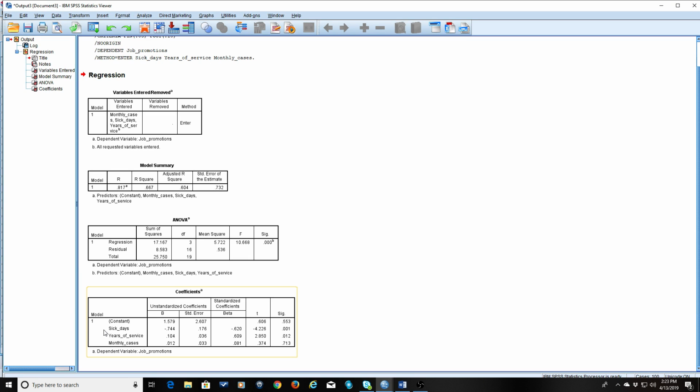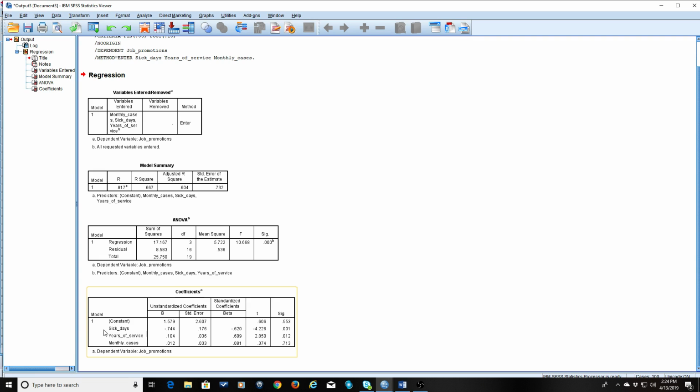And if it's a bad thing, would you expect that the higher the number of sick days you have, it's less of a predictor? Well, no, let me put it this way. It's still a good predictor, but if you have high number of sick days, the likelihood of you being promoted goes down. So as one number goes up, the other number goes down. So look at it in terms of that, in terms of the negative number.